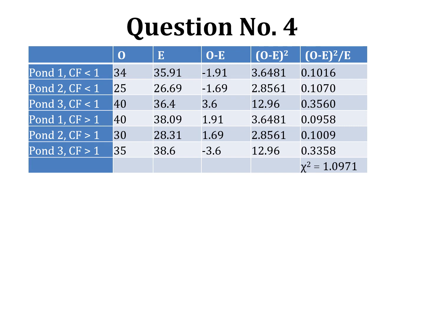And then for the next cell, which is the fish with condition factor less than 1 present in pond number 2, this is 25 minus 26.69, and the answer is minus 1.69.